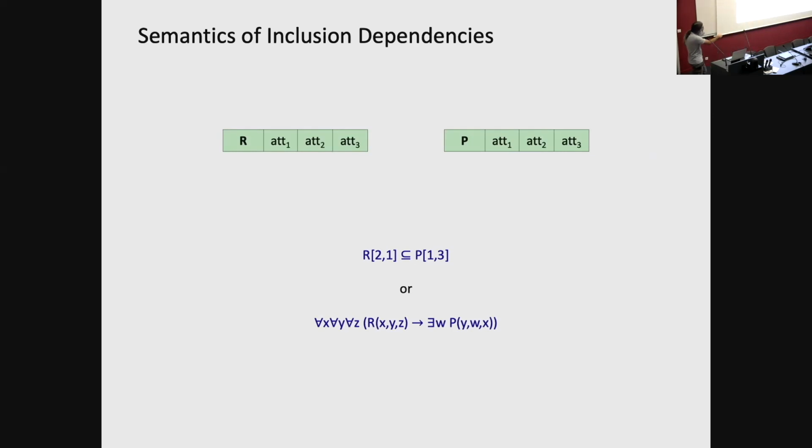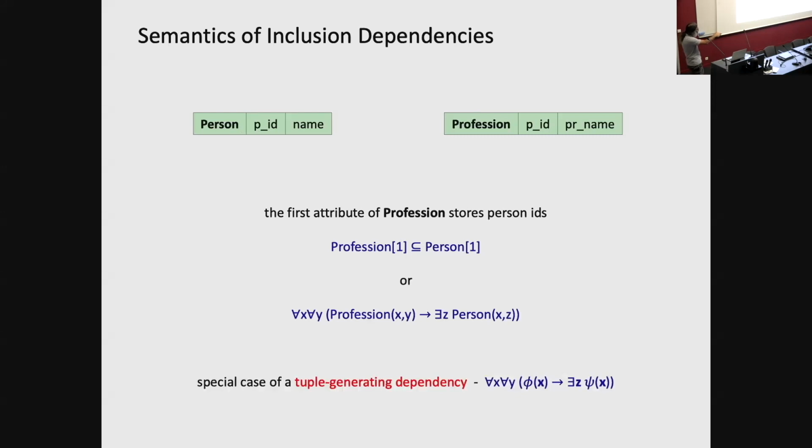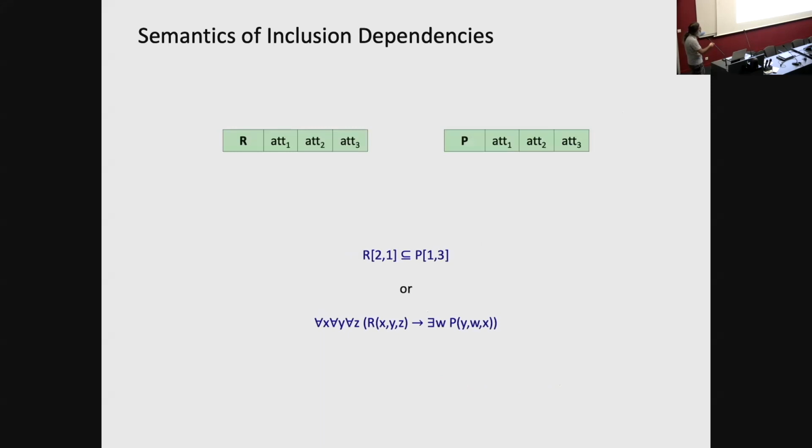So just to make this point clear, that an inclusion dependency is a first order implication in the end, let's see also this example. Imagine that we have these two relation names. We have this inclusion dependency. This can now be easily expressed as this first order sentence, right? As you can see here, we are saying what?